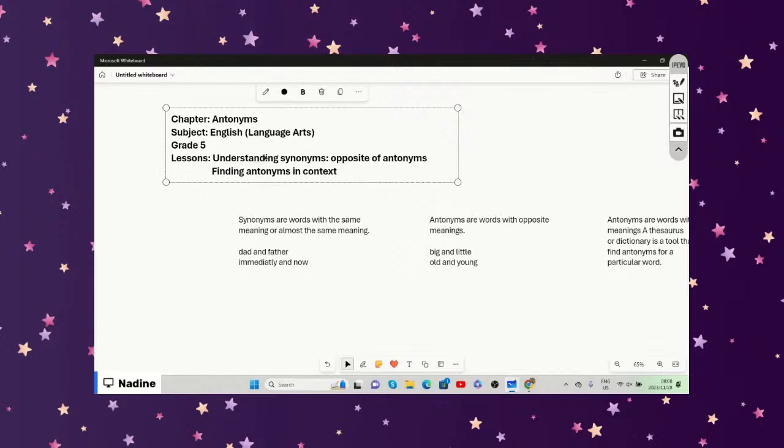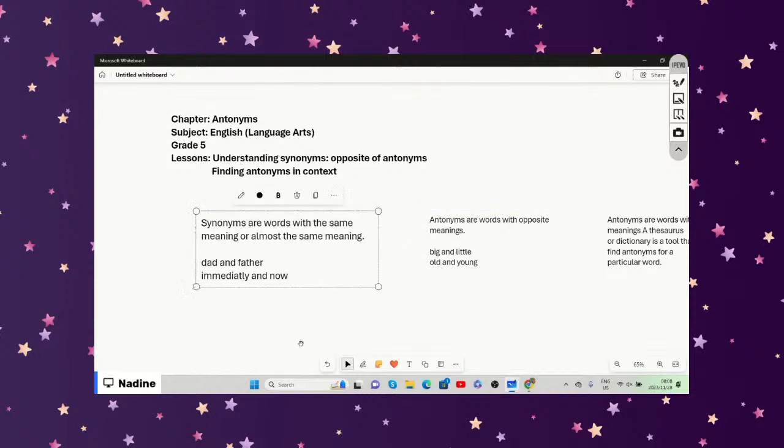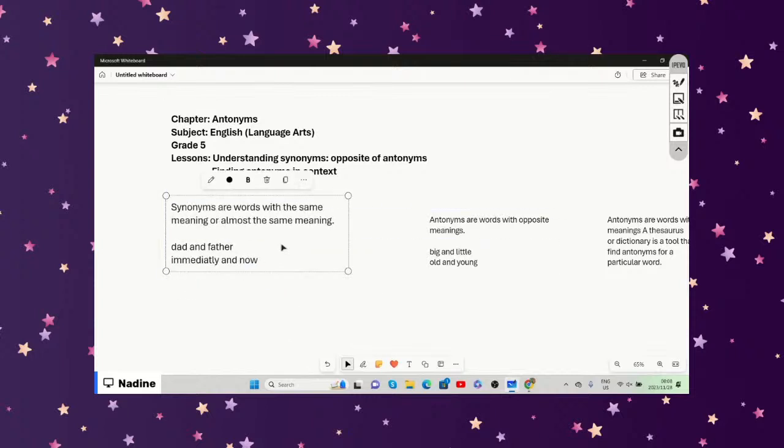All right, so when it comes to understanding synonyms, we said synonyms are words with the same meaning or almost the same in meaning, right? For example, dad and father.